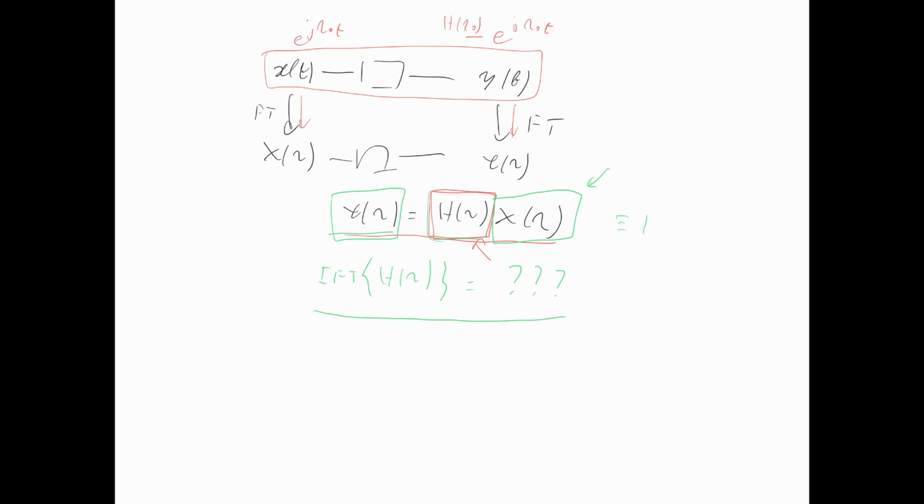And of course our system operates in the time domain, so that means that what I'm going to observe is actually y of t. So if I can find an input x of t whose Fourier transform is equal to 1, then my output y of t is going to be the inverse Fourier transform of H of omega.